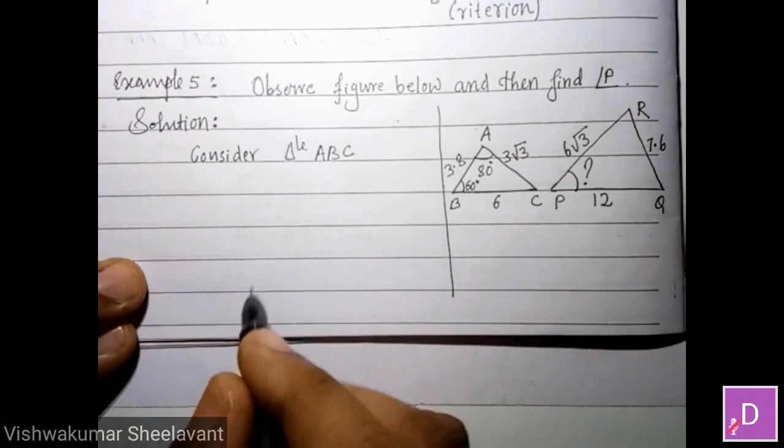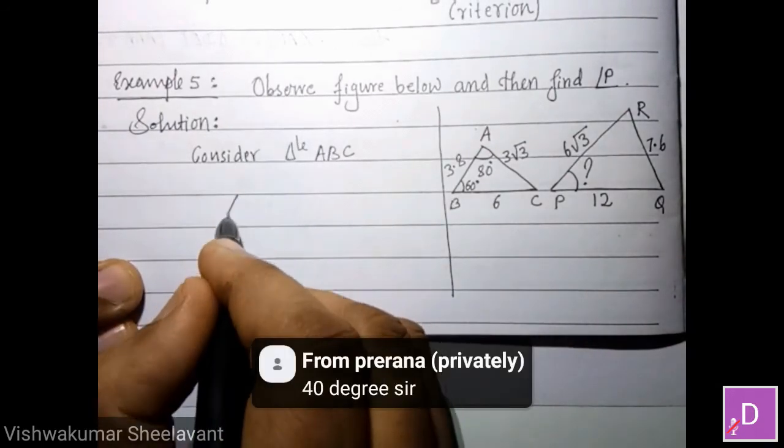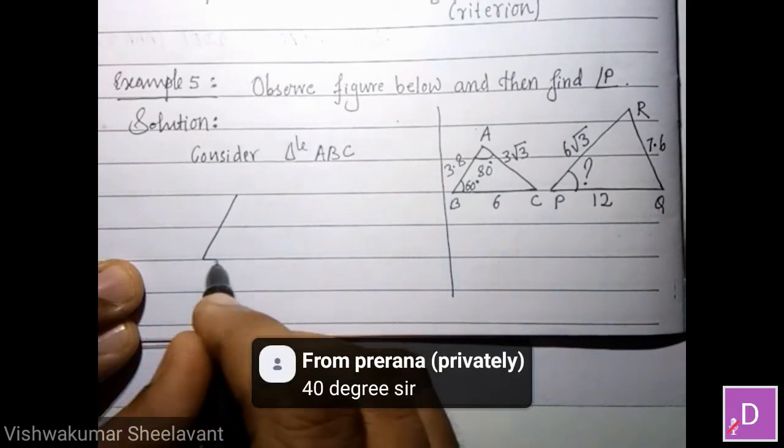When you consider triangle ABC, what comes to your mind?